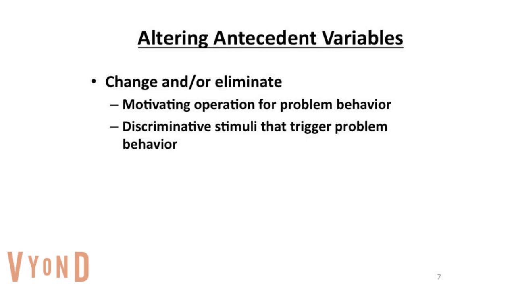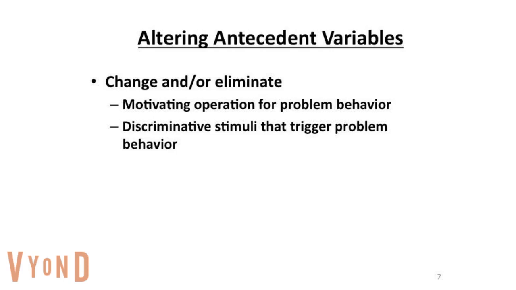When we're altering antecedent variables, we're changing and/or eliminating antecedents. So the first thing we can do is look at the motivating operation for the problem behavior and the discriminative stimuli that trigger that problem behavior.